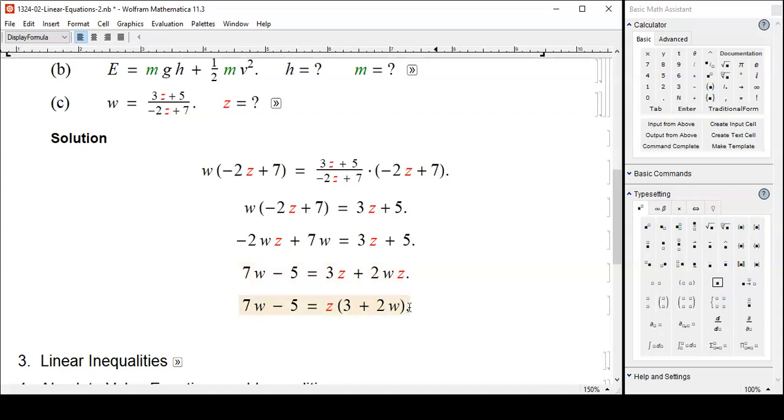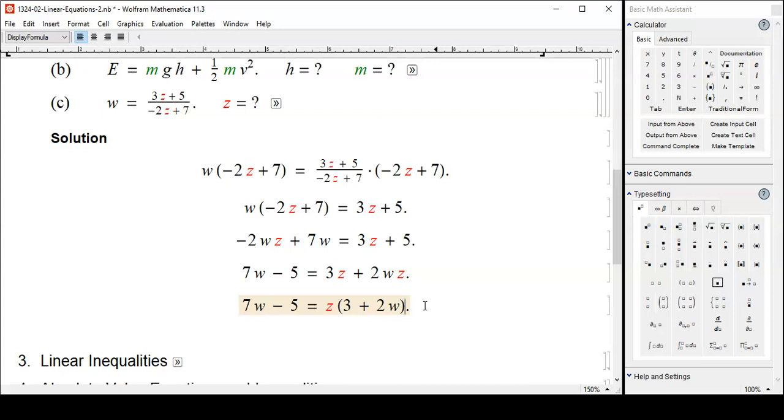Now, compare this and that. 2 z's, only 1 z. It's a big, big improvement. Previously, the problem was there are 2 z's, but these 2 z's are in the same side, so that's an improvement. Now this is a huge, huge improvement. I have only 1 z.